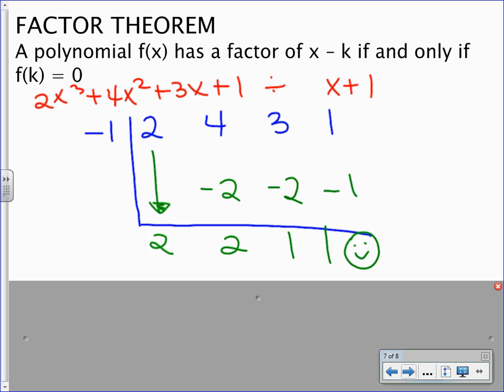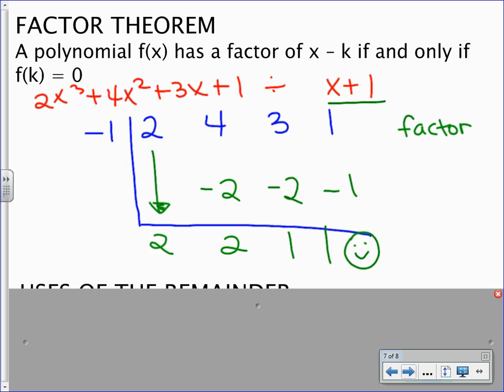Why? Well, we divided evenly, so what do we call x plus 1? A factor. And what would we be left with? What are we left with here?